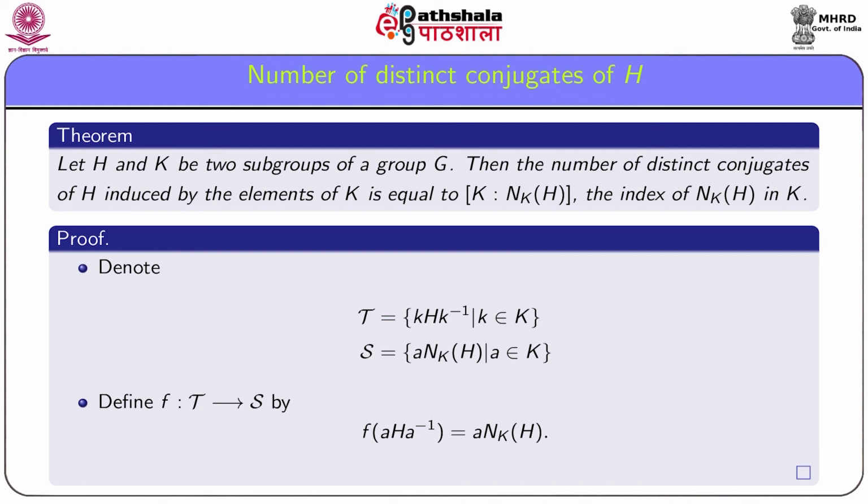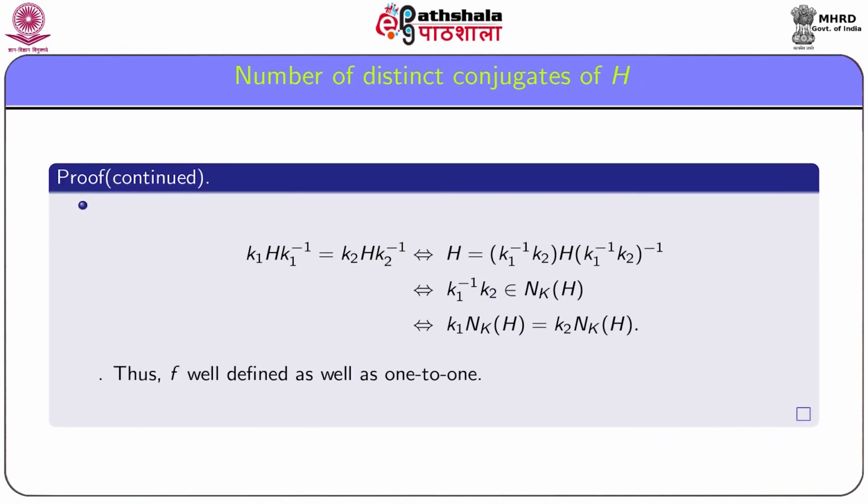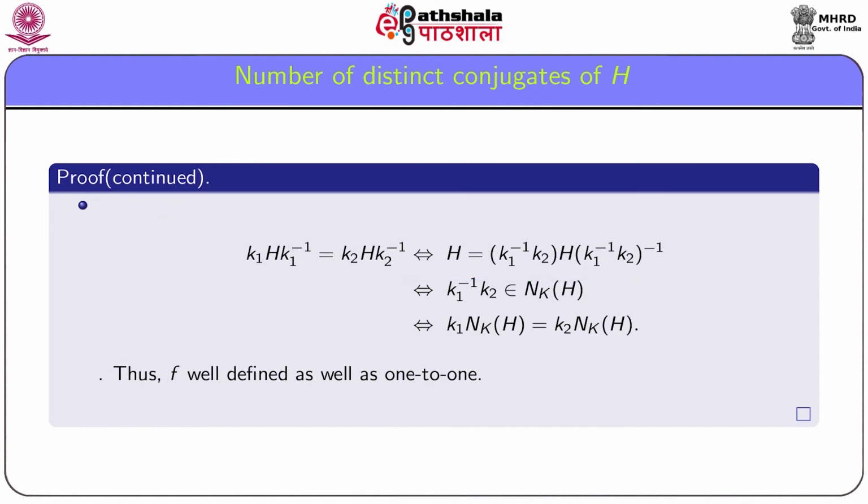Since the elements in T may have several representations, it is required to establish that f is well defined and one-to-one. For this, we have k1Hk1^{-1} equal to k2Hk2^{-1} if and only if H is equal to (k1^{-1}k2)H(k1^{-1}k2)^{-1}.